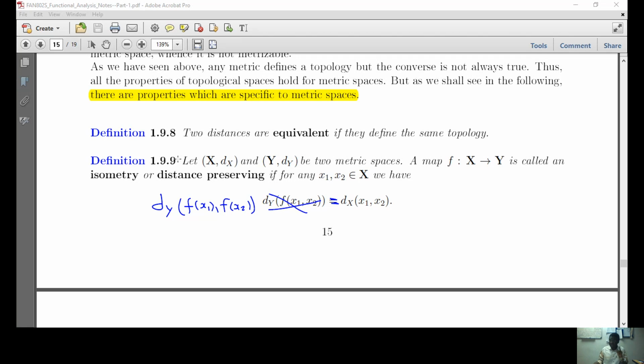I will take a simple example to show you. I will give you an example of an isometry, for instance, a rotation. You see, this is my phone. If I take two arbitrary points on this tablet, I measure their distance from, let's say, x1 to x2.